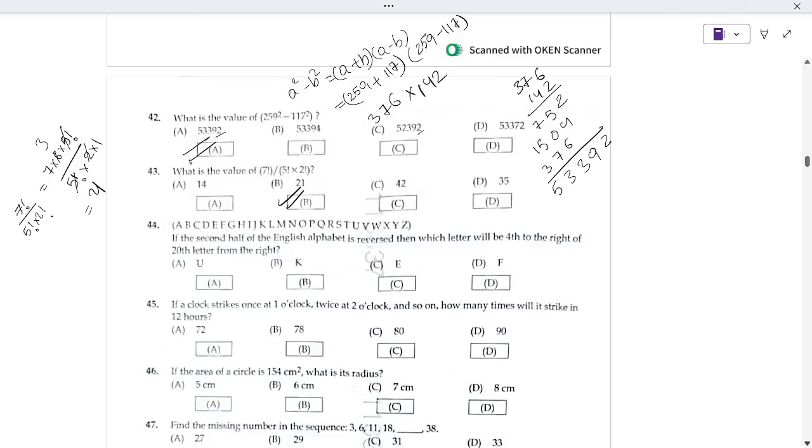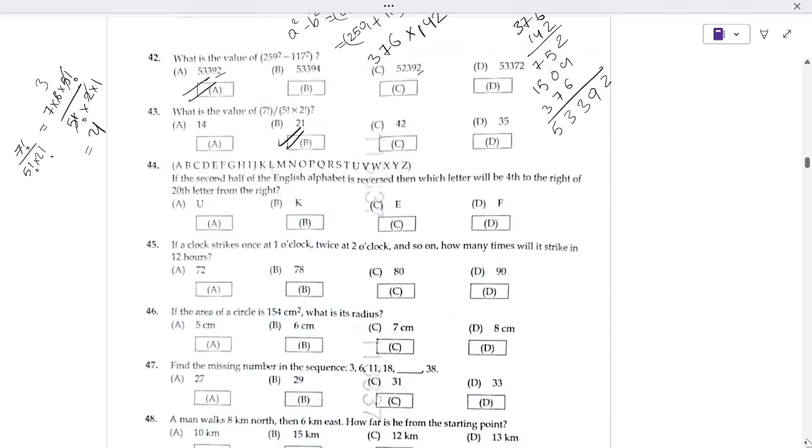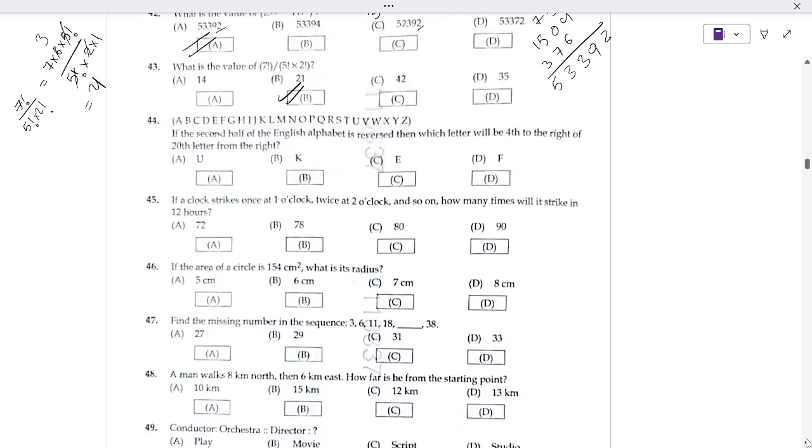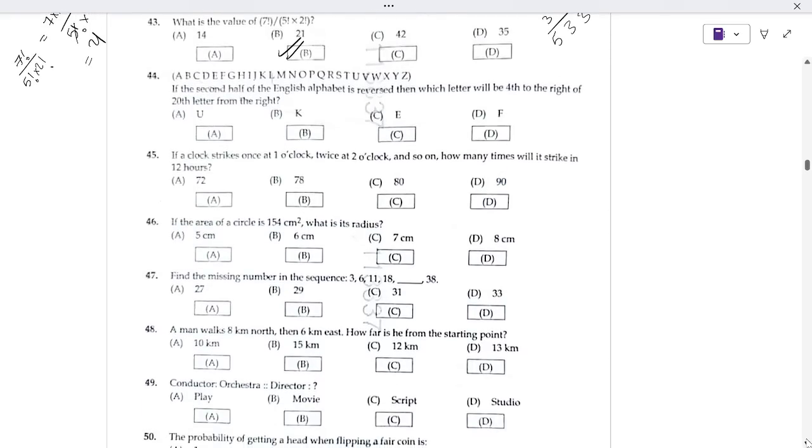Next is from alphanumeric series again. For alphanumeric series, coding, decoding, classification from reasoning, and direction, there are questions, right? So let's check. If the second half of the English alphabet is reversed, then which letter will be fourth to the right of the 20th letter from the right end?